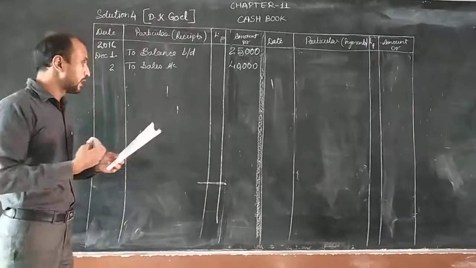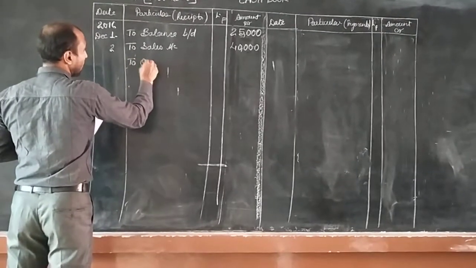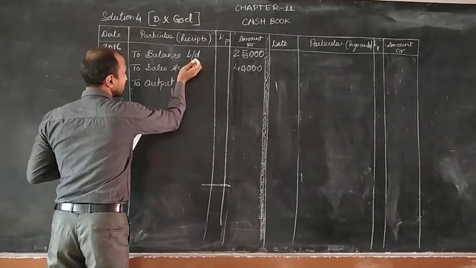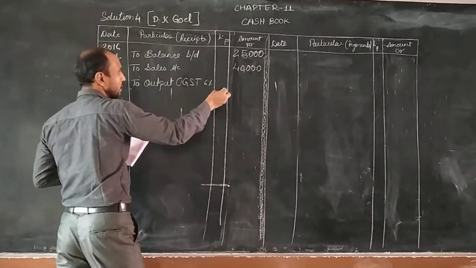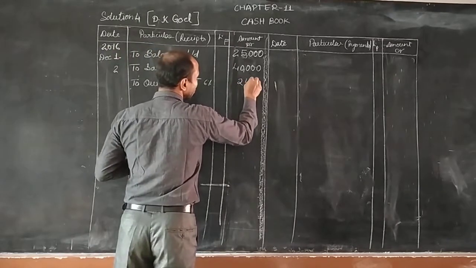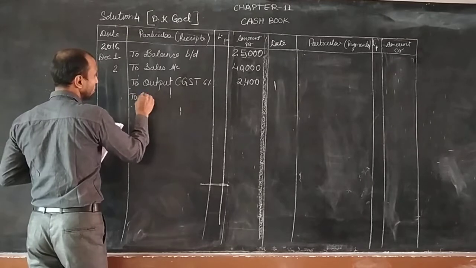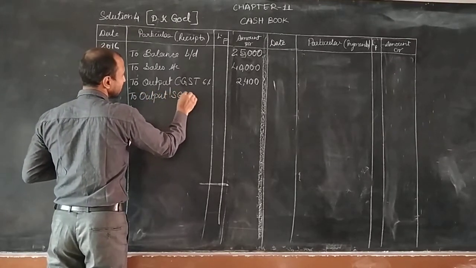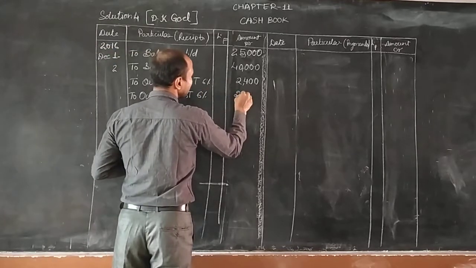On what name? It should be here on the same date, to output CGST 6%. So 40,000 times 6% equals 2,400. And your next entry, to output SGST 6%, is also 2,400.